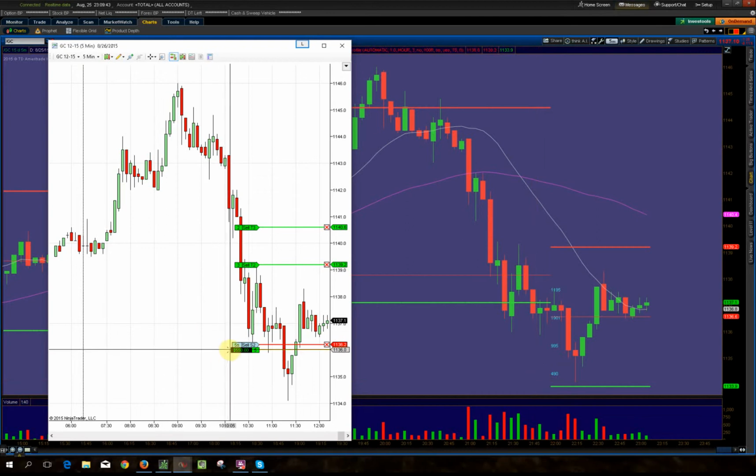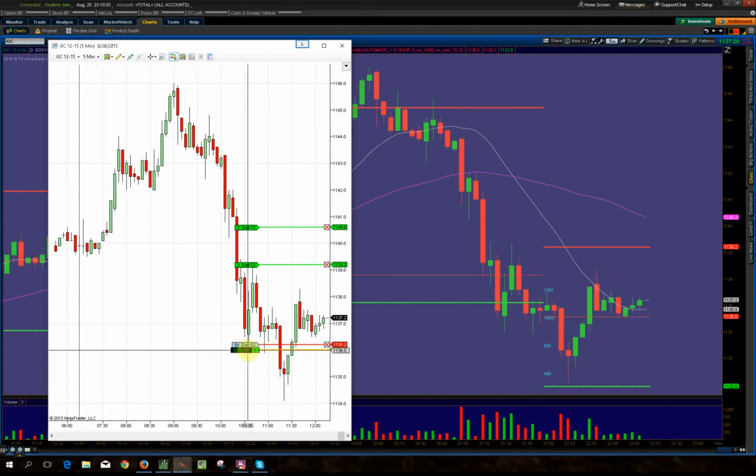So I had 10 contracts here, scaled out at the 1138, and made a quick 20 ticks, and with 5 contracts that's $1,000. So I already netted $1,000. I still have 5 contracts on the table, and it's still holding this level that it broke out of. What I did was move my stop up from the 13 tick stop to break even plus 2.